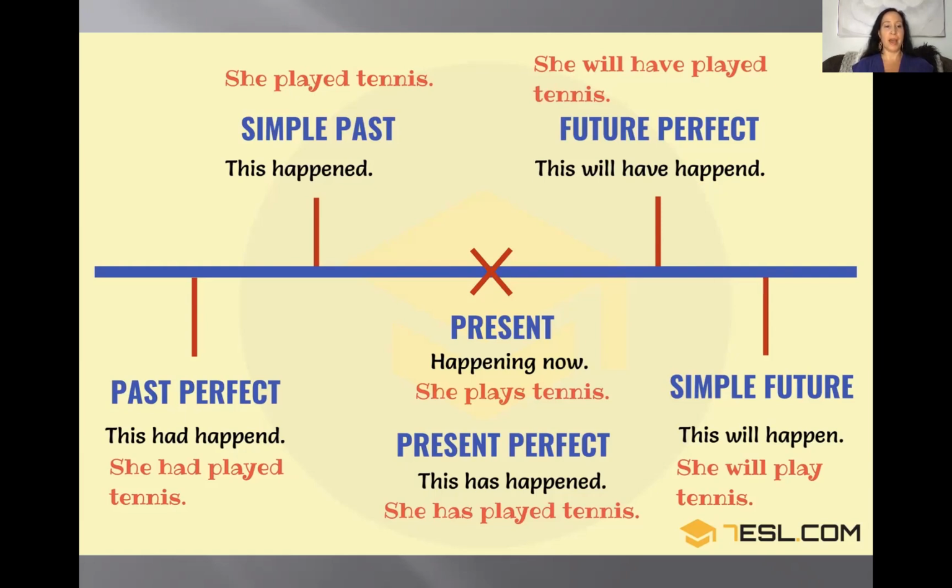Then you also have your past perfect. This had happened. For example, she had played tennis. This is your clue: had is the past tense, and this makes it past perfect because of had. And played is your past tense.